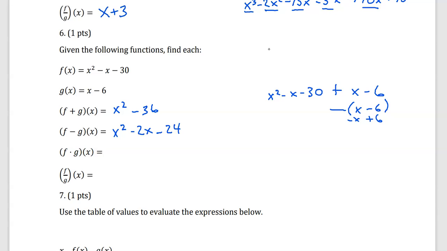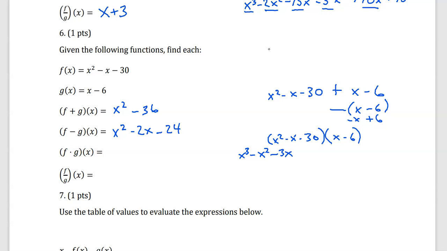And of course, the most difficult one, we'll multiply it out, f times g: x squared minus x minus 30, times x minus 6. x times everything: x cubed minus x squared minus 30x.